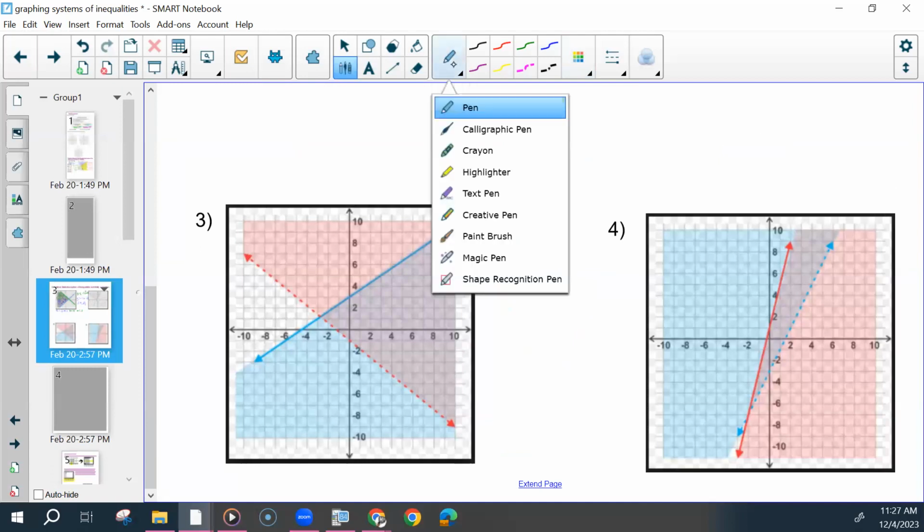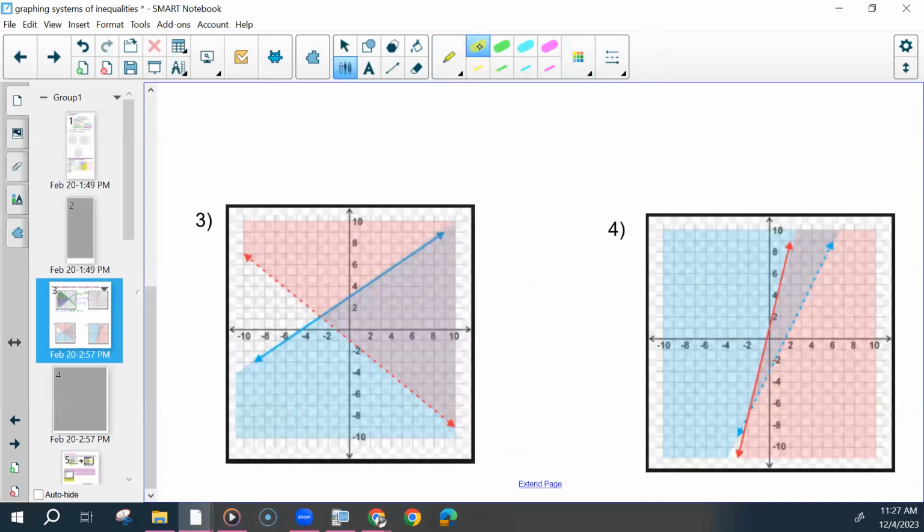I will highlight that a little bit better. So that is just the overlapping.